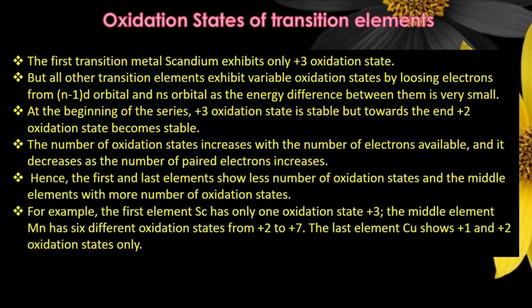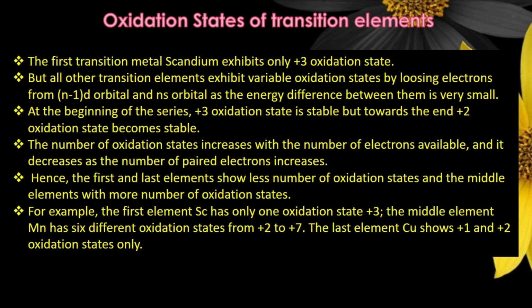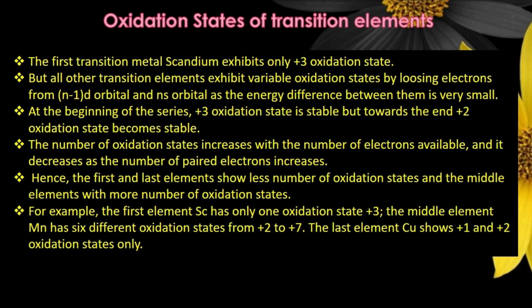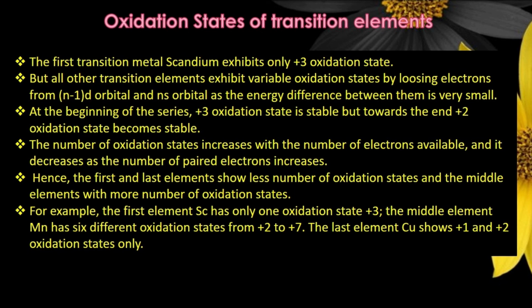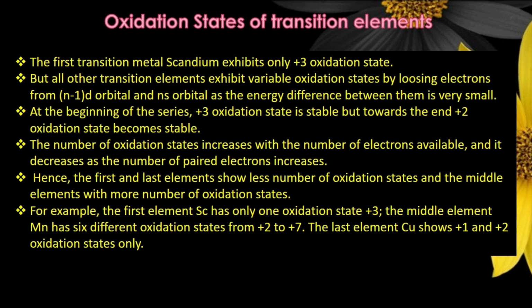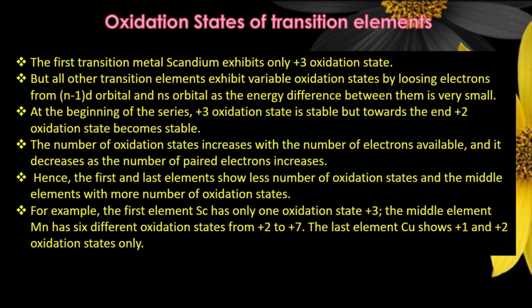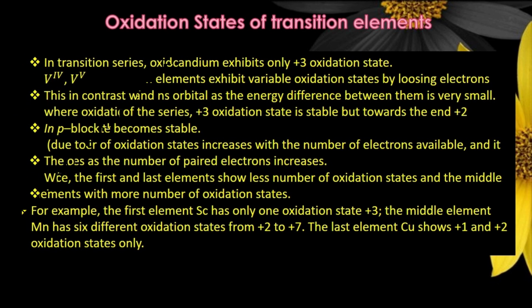For example, in potassium dichromate, chromium is in the +6 oxidation state. And we all know potassium dichromate is a strong oxidizing agent. This potassium dichromate will be converted to chromic oxide, that is Cr2O3. There, the oxidation state of chromium is converted to +3.